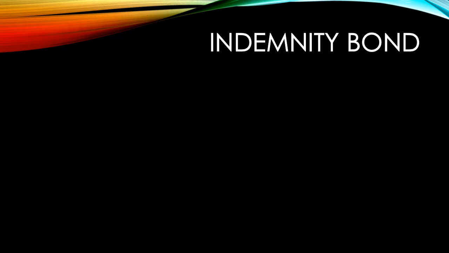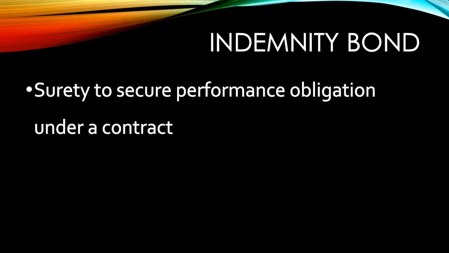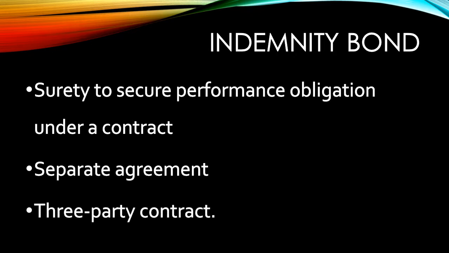An indemnity bond is just an agreement, a legal agreement between parties, and it acts as a surety in order to secure some performance obligation which is guaranteed under a contract. And the contract in question is our agreement to sell. It's a separate agreement. It is not covered under the main contract, such as the agreement to sell, and it's a three-party contract.